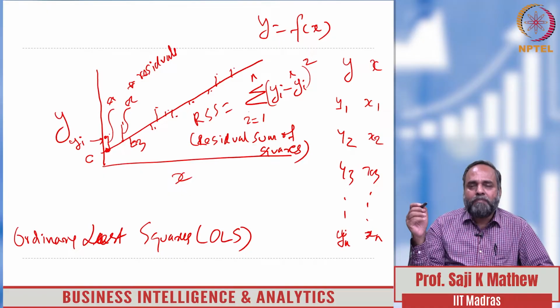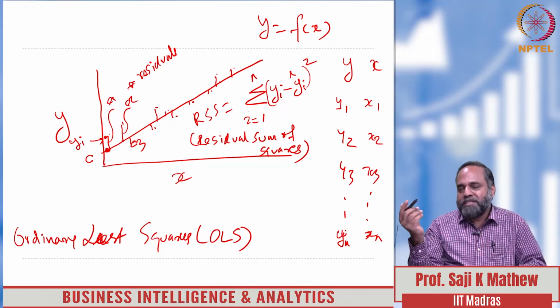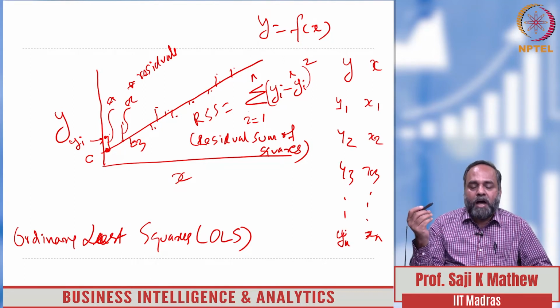But the problem with a measure like RSS is that it's an absolute value, and therefore it becomes a bit of a challenge to compare when you do modeling in different contexts. Suppose for a similar phenomenon you collect data and build a model, but for example, the size of the data is different. Then the RSS will actually vary, based on the size of the data, number of variables, etc.